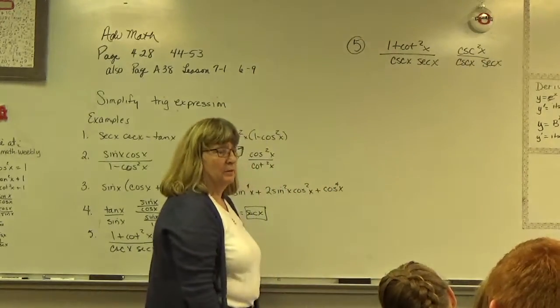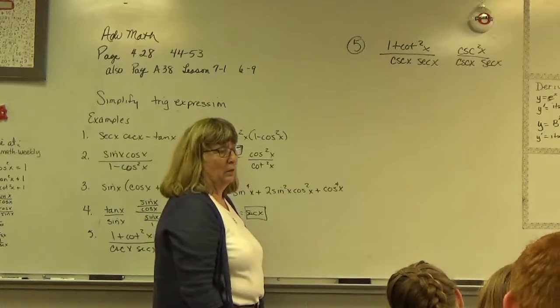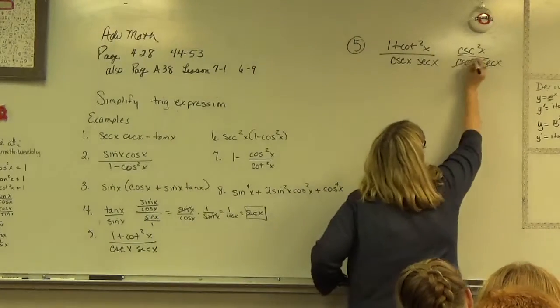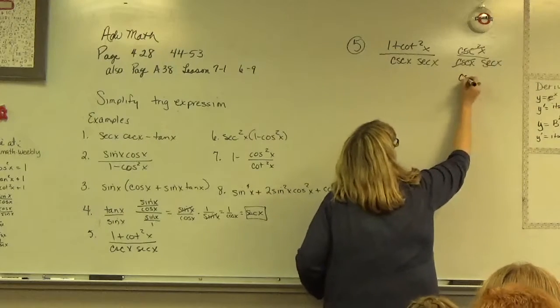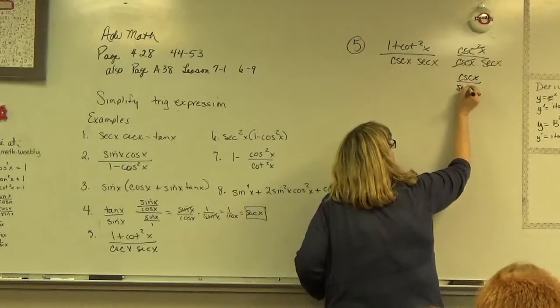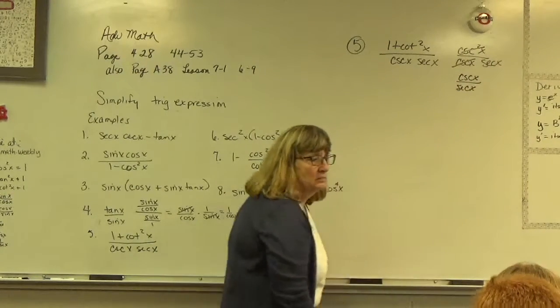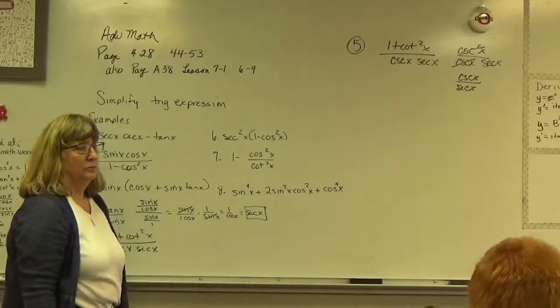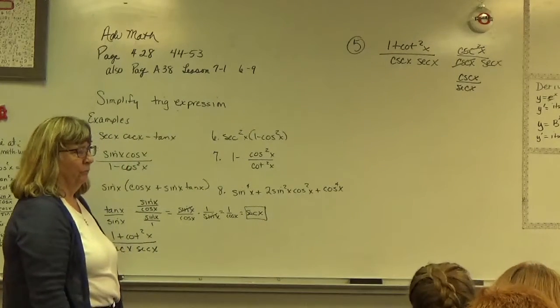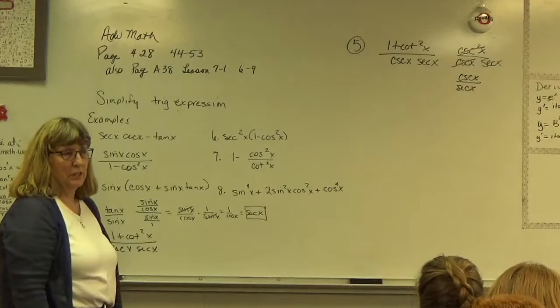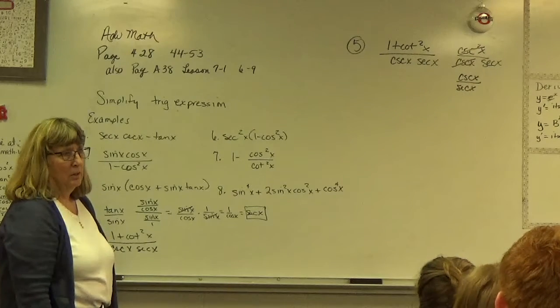Then what happens? This will cancel one of these out, so I'll be left with cosecant over secant. Now what can I do? What's another way of saying cosecant? 1 over sine.